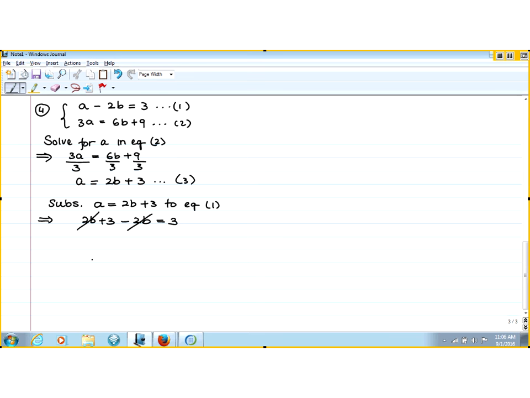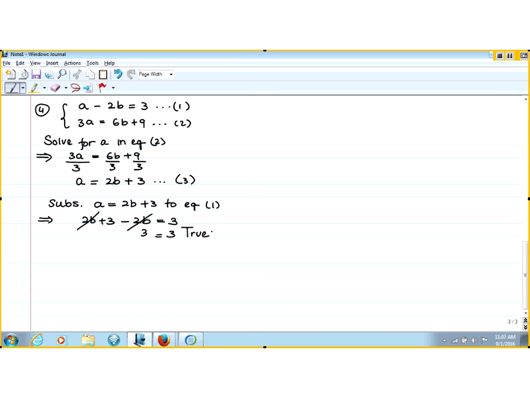Yes, 2B cancels out, so we have 3 equals 3, which is what? Which is true or false? Okay, which is true.